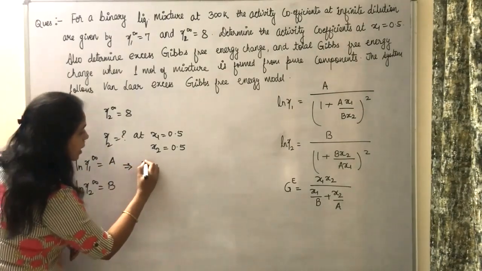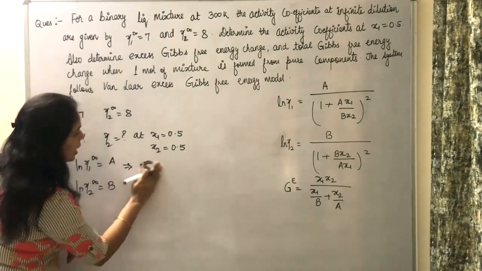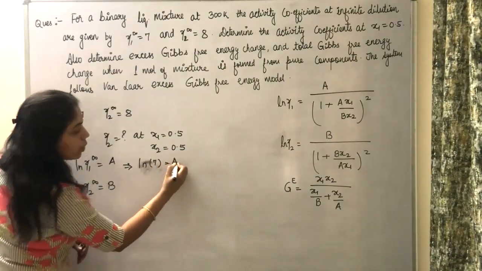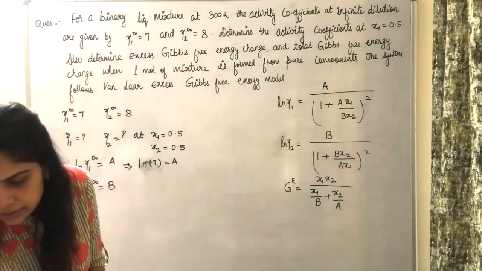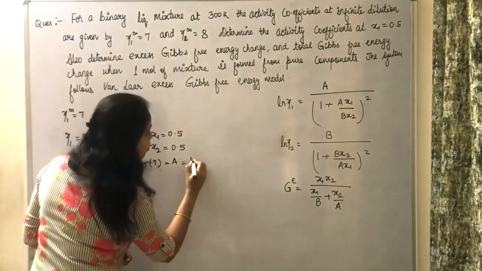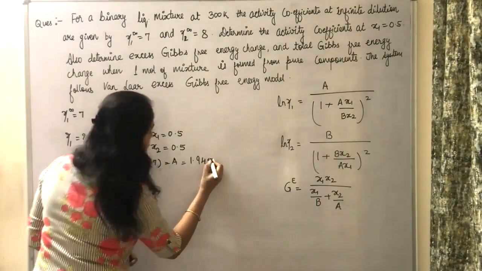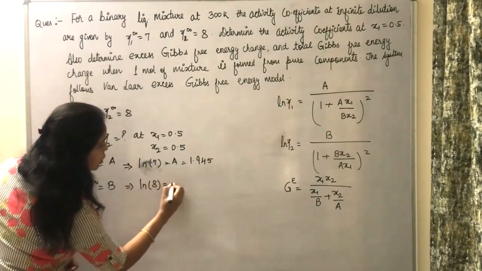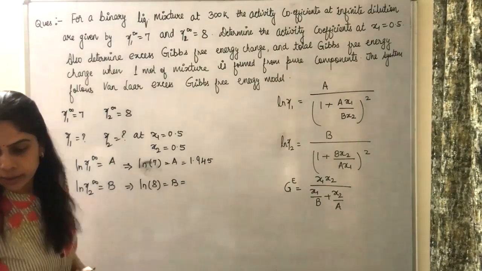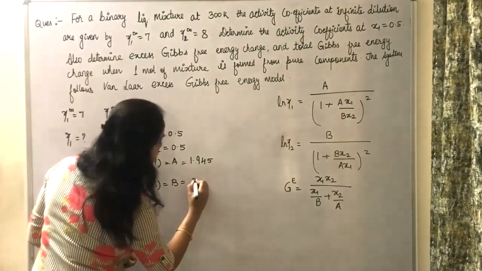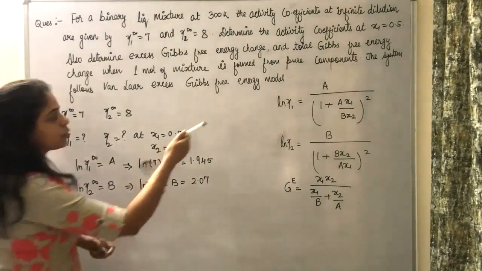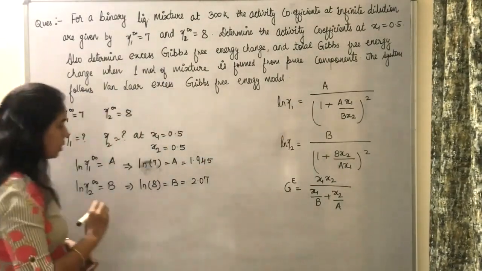So ln 7 equals A, which is 1.945, and similarly ln 8 equals B, which comes to 2.07. Fine. Now just substitute all the values into this equation.